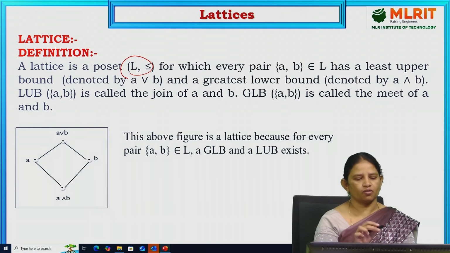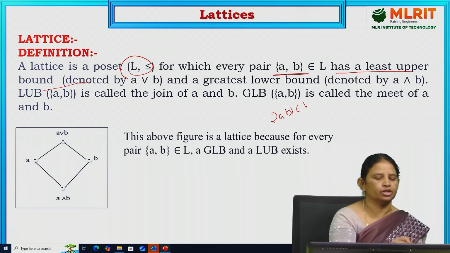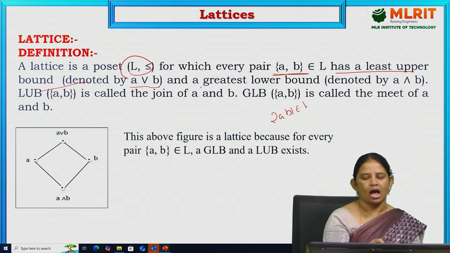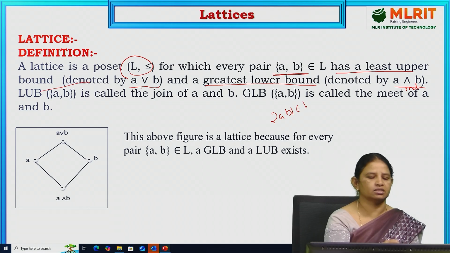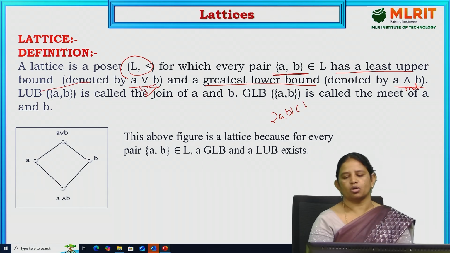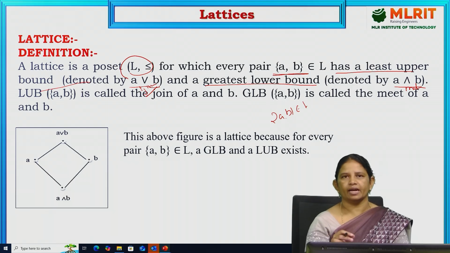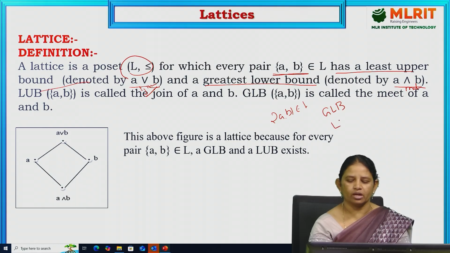In the case of a lattice, every pair, that means a, b belonging to the lattice, has a least upper bound, denoted as a join b, and a greatest lower bound, denoted as a meet b. Every pair consists of a greatest lower bound (GLB) and a least upper bound (LUB).